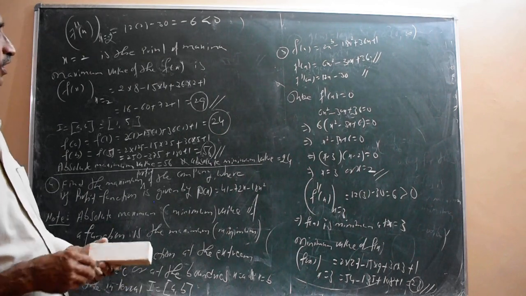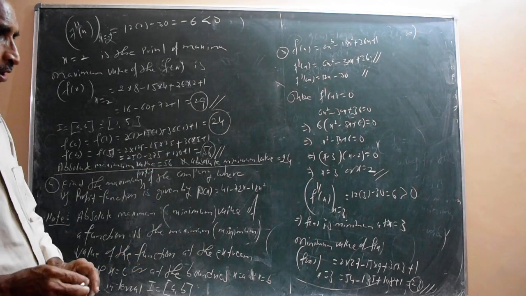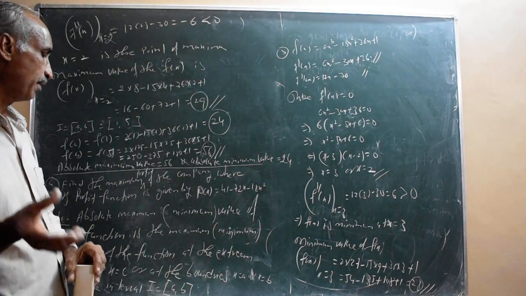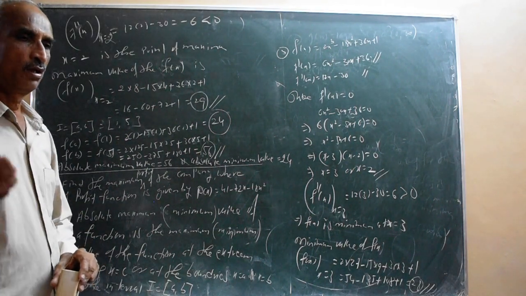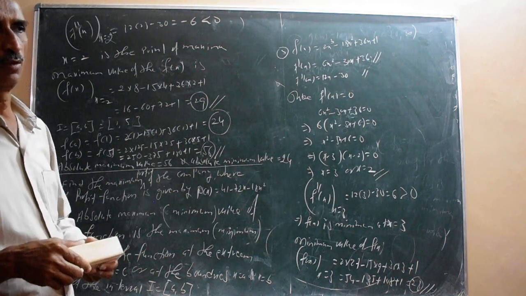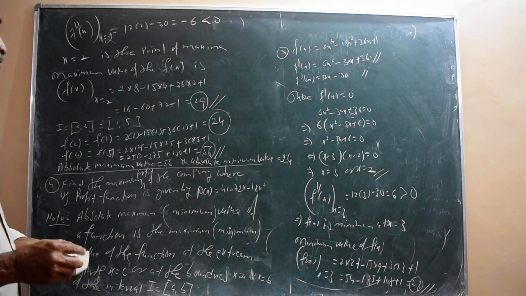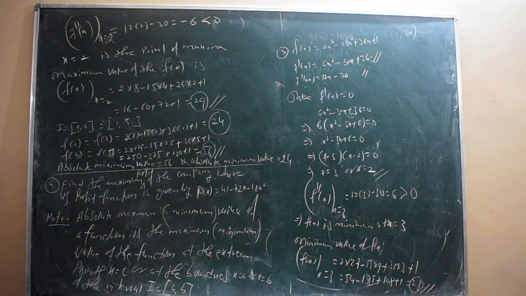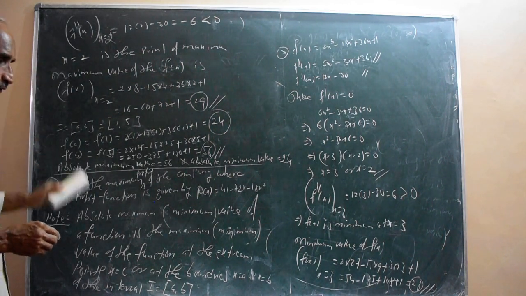Actually, the second derivative test is not necessary for this one. So among the critical points, the extreme points x is equal to c, and among the boundary values a and b, the function values are to be worked out. Among them, which one is maximum? That is the absolute maximum. Which one is minimum? That is the absolute minimum. The second derivative is actually not necessary, but for a complete idea of where the function has a local maximum and local minimum, f double dash of x is calculated.